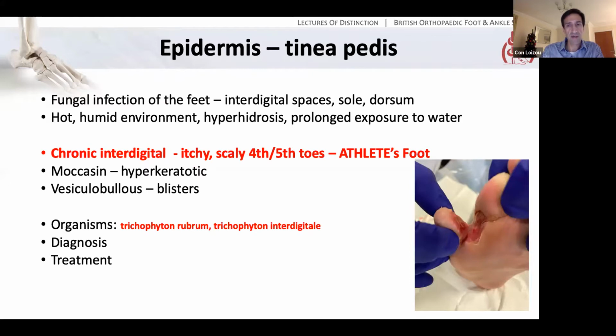It can be itchy, it can be scaly, and this is what we know as athlete's foot. There are more severe cases, called moccasin type or hyperkeratotic type, that can involve the sole of the foot, and the vesicular bullous or blistery type that can involve the dorsum of the foot. Causative organisms, diagnosis, and treatment are very similar to onychomycosis.